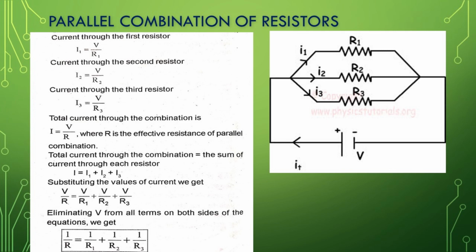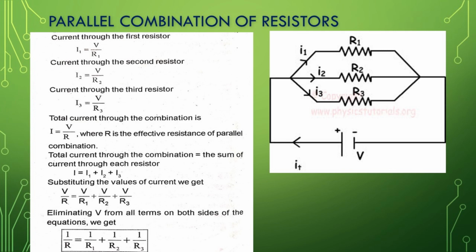Total current through the combination I equal to V by R. Total current through the combination is equal to the sum of current through each resistor. That is, I is equal to I1 plus I2 plus I3.